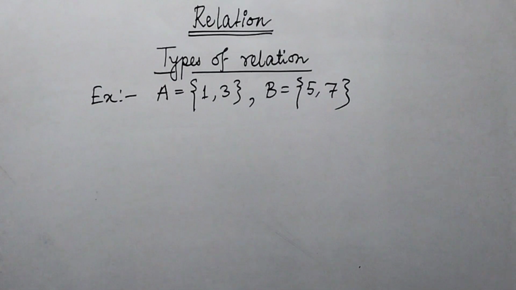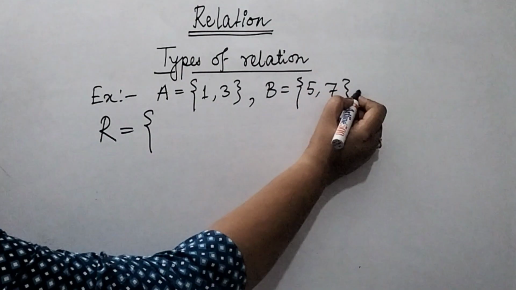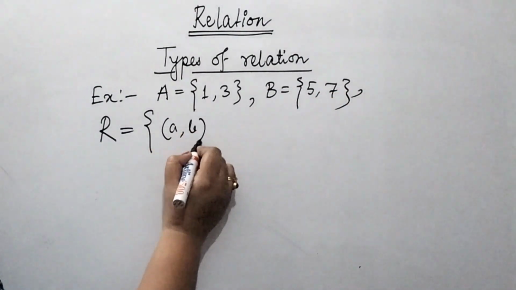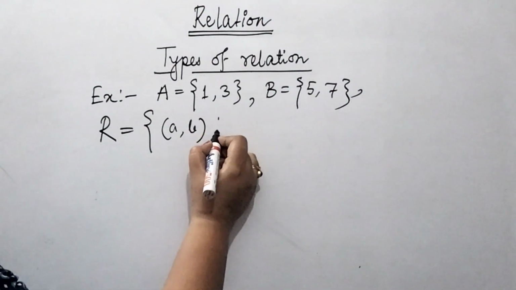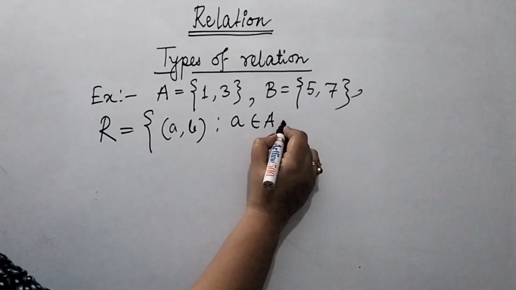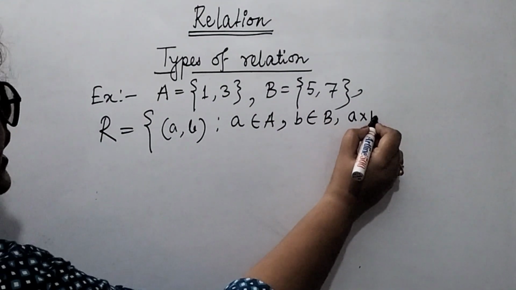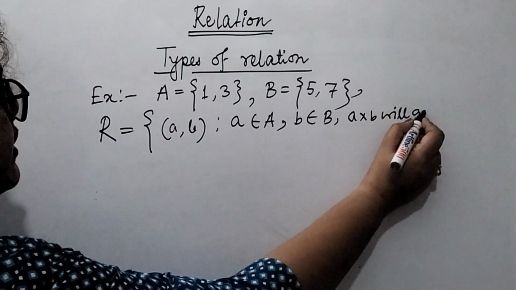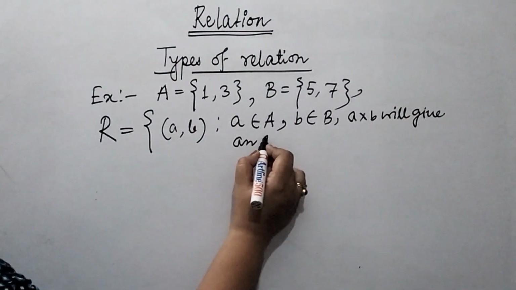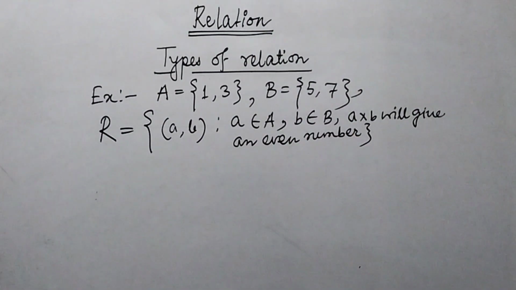Okay, and I am defining a relation R such that R will contain only those ordered pairs of A cross B that are of the form (a, b), where a belongs to set A and b belongs to the set B, and a times b will give an even number. Okay, suppose I am defining R in this way, right? Now let's see what is the structure of R under this condition.